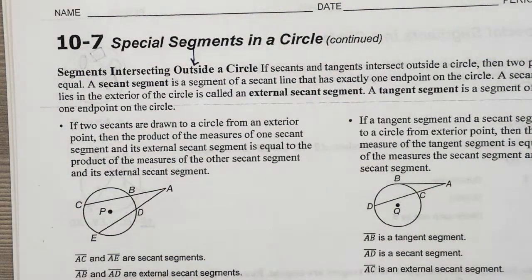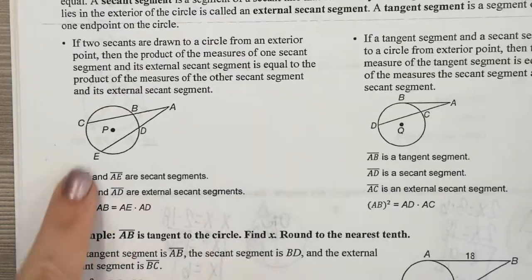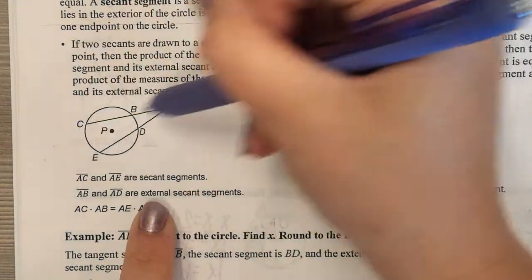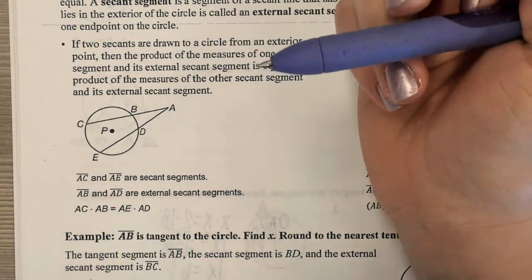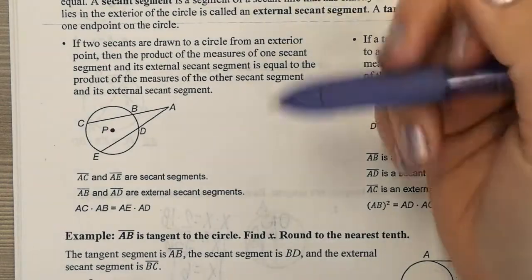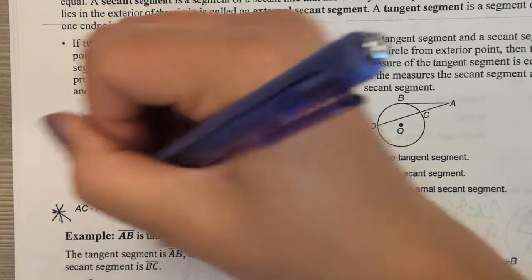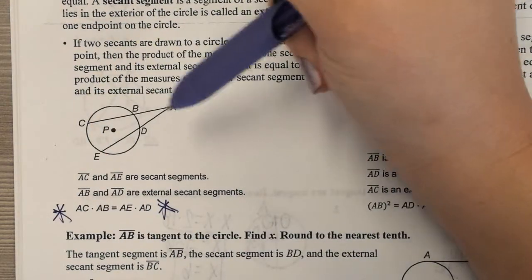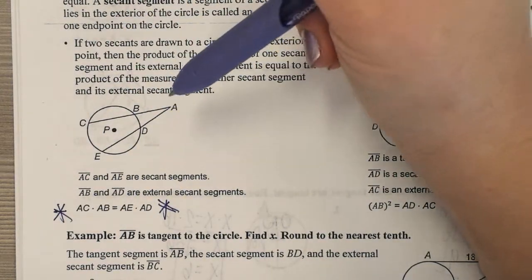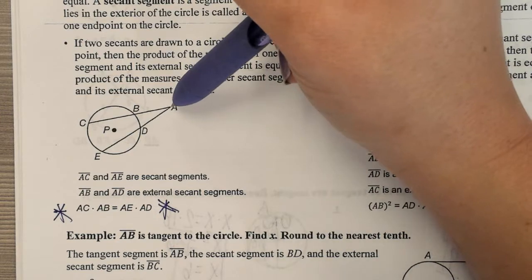Okay, so in the first example, right here, we have two secant lines. Secant, secant. So when you want to find different parts of these secant lines, what's important to know is that you have to multiply still. So the products are still equal. But you have to take the whole thing.